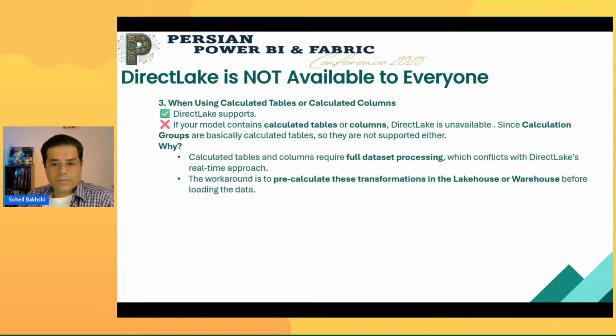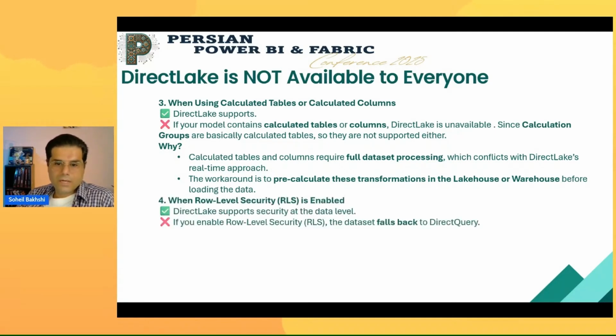Calculated tables and calculated columns require full data set processing, which conflicts with DirectLake's real-time approach with its data source, which is Lakehouse or warehouse. And there is a workaround, however. Instead of creating calculated columns and calculated tables within your semantic model, we can create those tables in our source system, in our Lakehouse or warehouse.